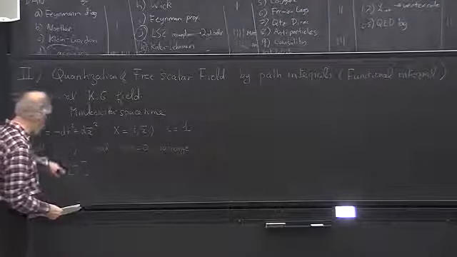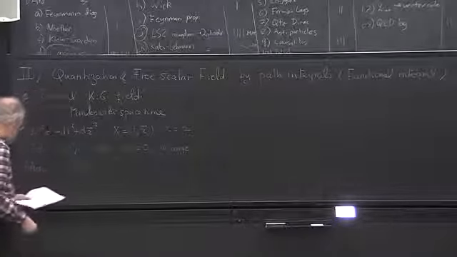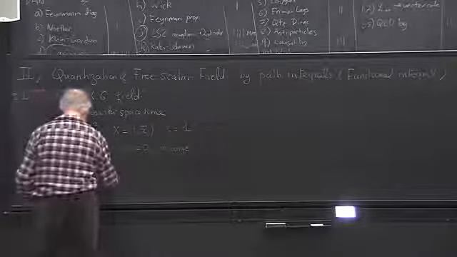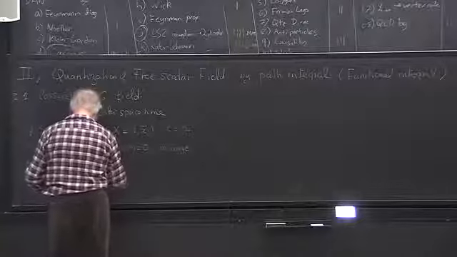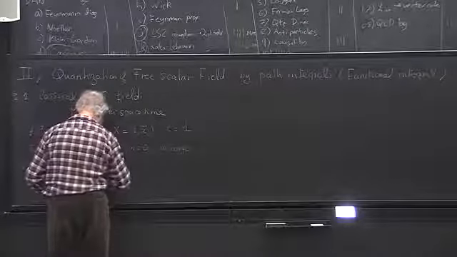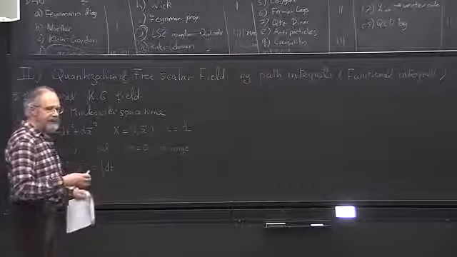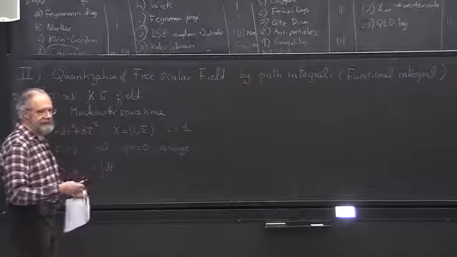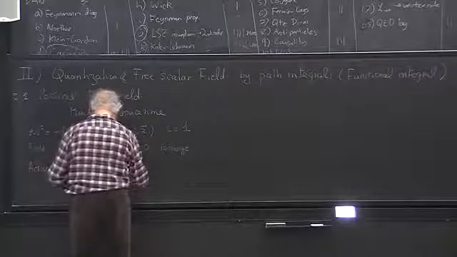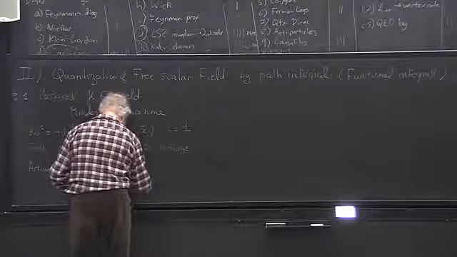So I'm using those brackets. And this is an integral over time of some Lagrangian. And the Lagrangian itself can be written as an integral over space of the Lagrangian density. So I have dx.